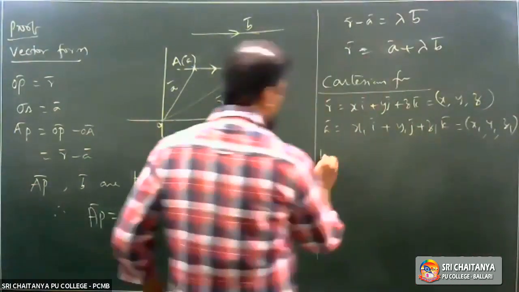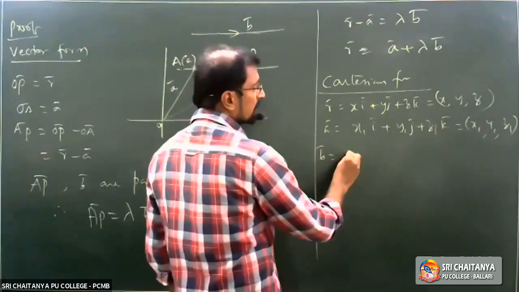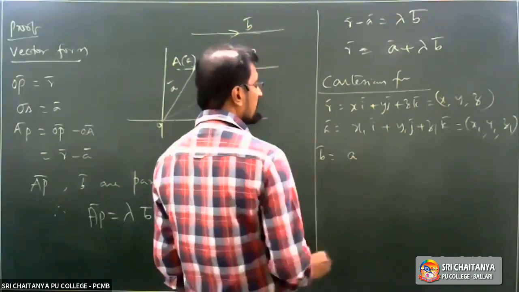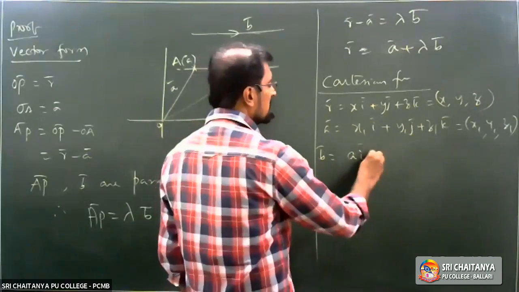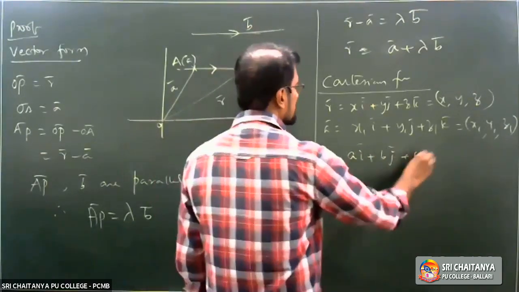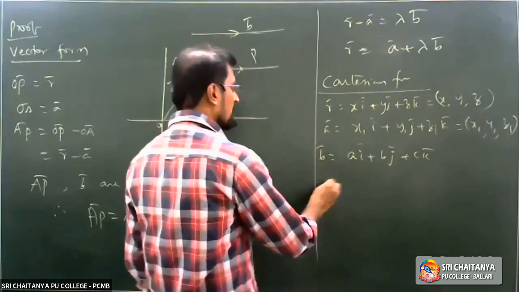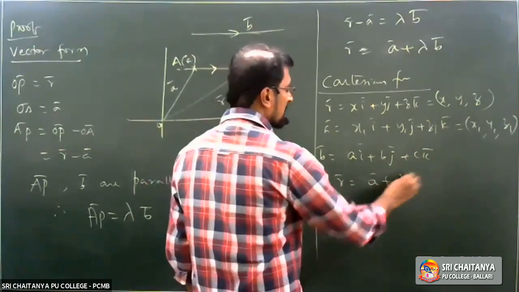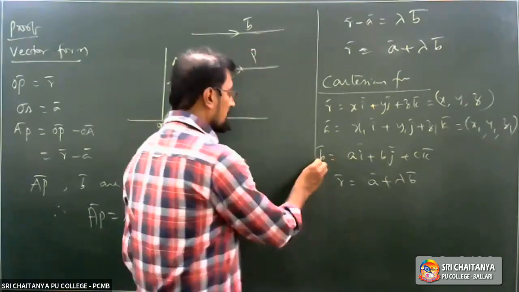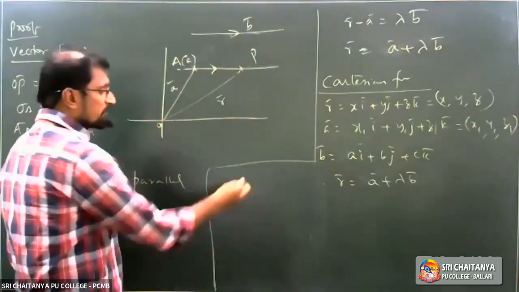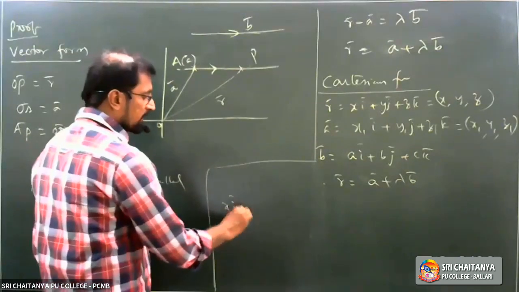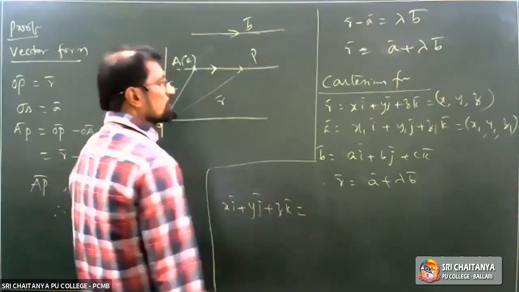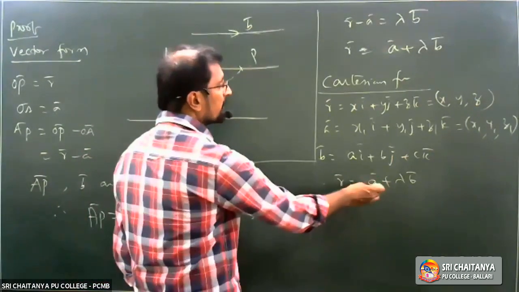B bar is equals to small a i plus b j plus c k bar, okay. Now what is our form? R bar is equal to A bar plus lambda B bar. Now substitute all the values here. R bar is equals to, what is R bar? xi bar plus yj bar plus zk bar is equals to, A bar value is equals to, what is A bar?